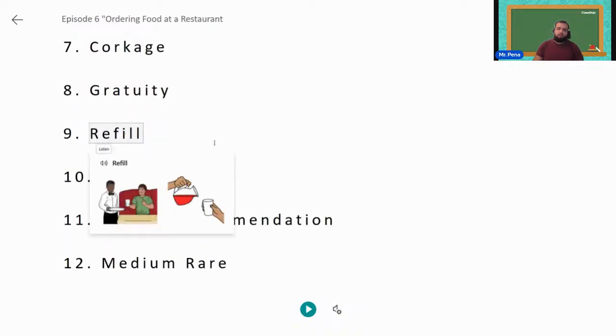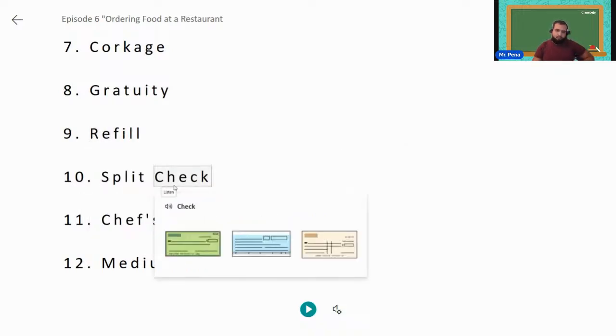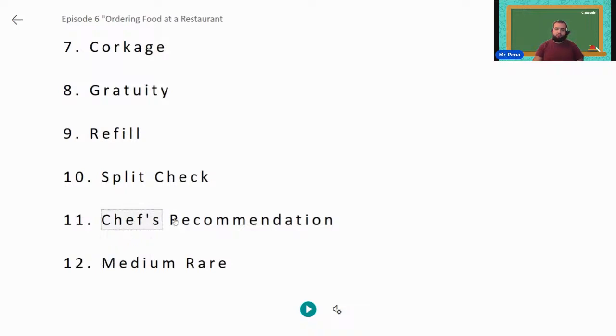A refill. When you pour your drink back into the cup. Here's a check. And then split. So when you split the check, you pay half and my friend pays half. That's how it works.